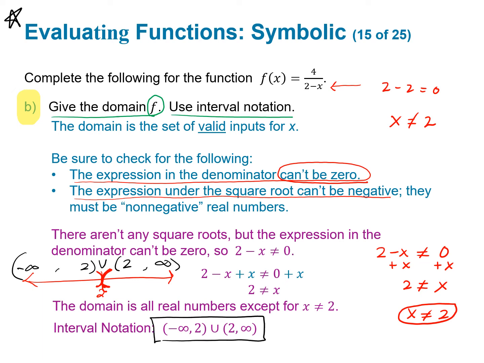Just like that. The set builder notation is a set of x such that x is not equal to 2. That's it. So on the test, it will ask you for particularly, what's the interval notation, or what is the set builder notation? And so knowing how to write both of those is really important.